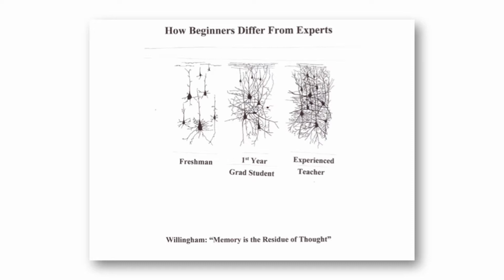It gives you more empathy for what you're going through. It really isn't there. Okay, this is taken from a science article on neuroscience, and it was actually about beginners versus experts, and I just put freshman, first-year grad student, and experienced teacher, but that's actually what's true.